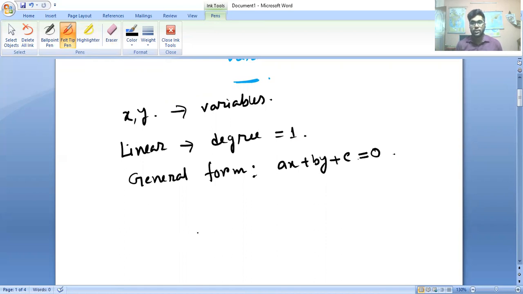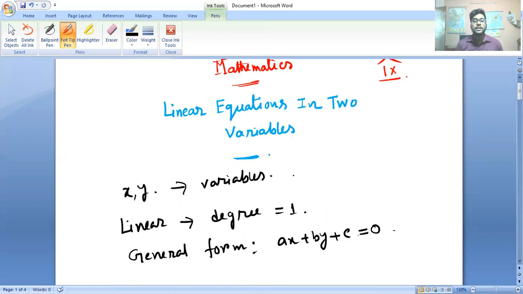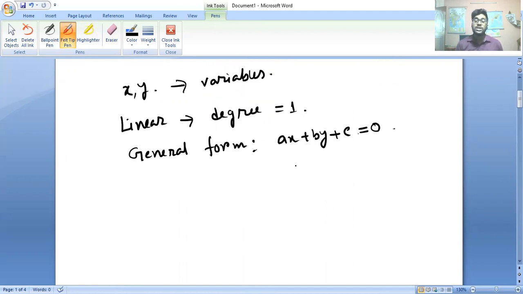So this is a linear equation. Now in our chapter it says linear equations in two variables. As you know from the chapter's name, there will be more than one equation given. So this is the general form.